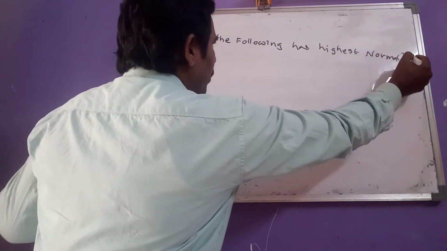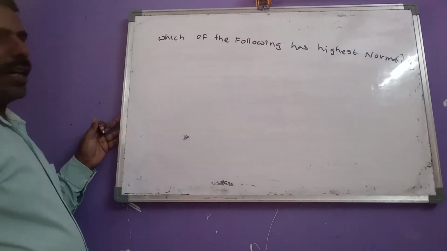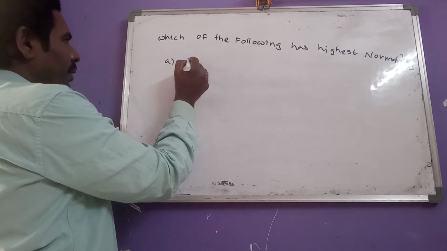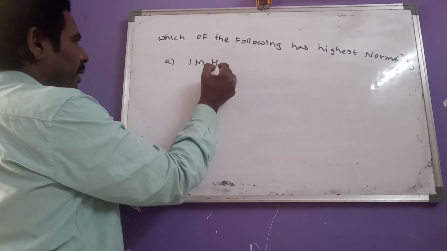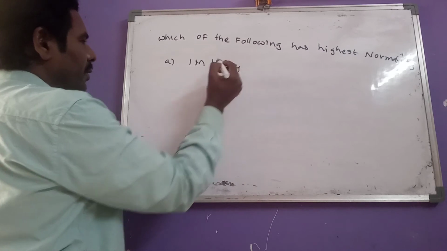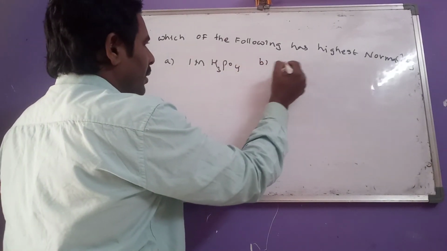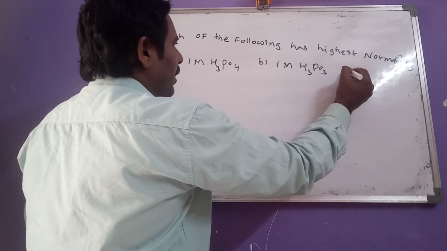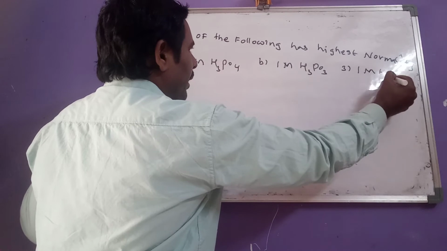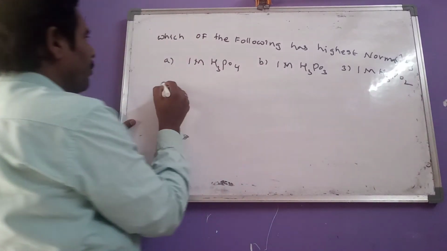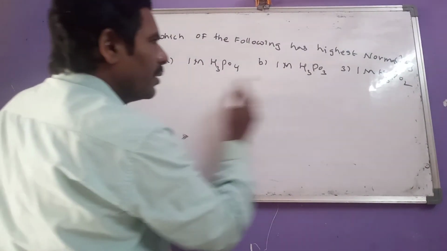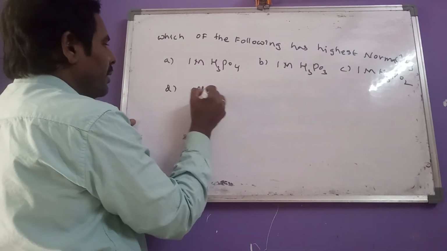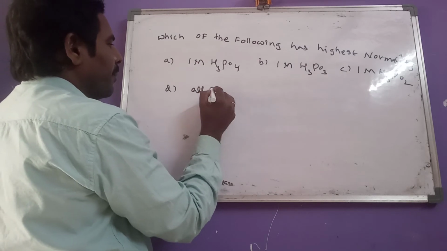First option is 1 M H3PO4. Second option, 1 M H3PO3. Third option, 1 M H3PO2. Fourth option is, all the same, all are having the same.